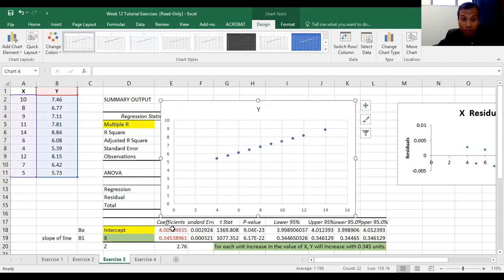That value is 4.0056. That is the B naught. So if you extrapolate this line at the back side, at 4.0056 it will cut the y-axis. So this value is B naught, your y-intercept, whereas this is the slope. This line has a slope, and that slope is 0.3453.